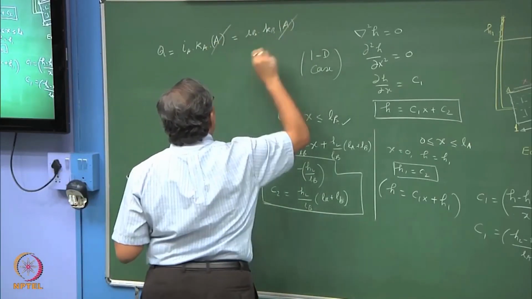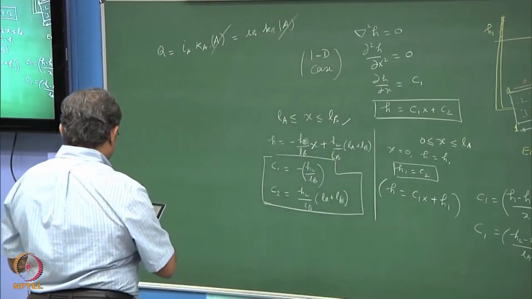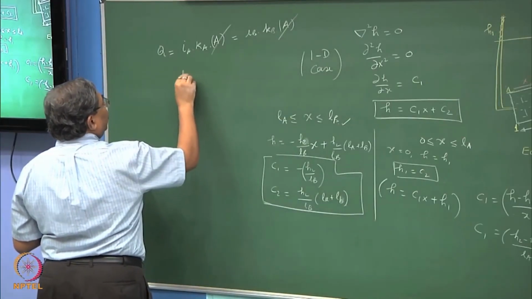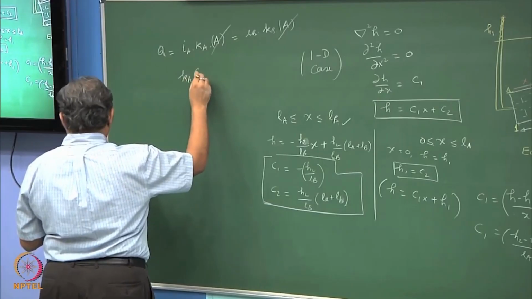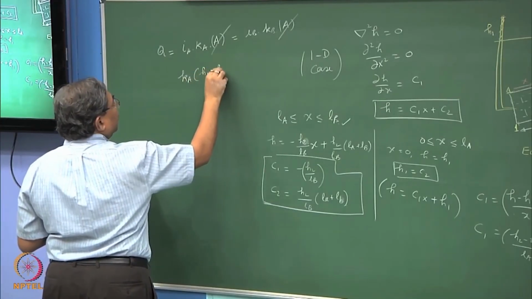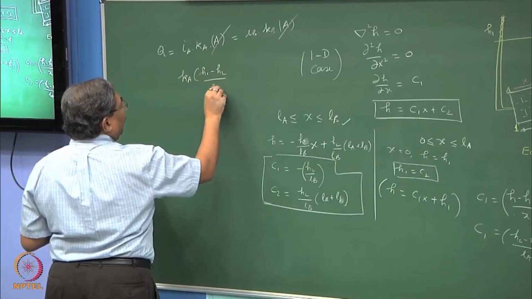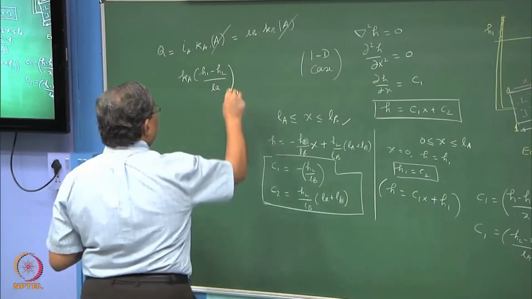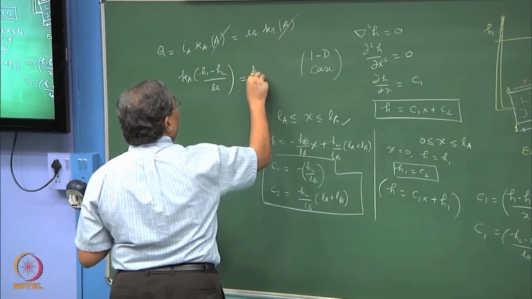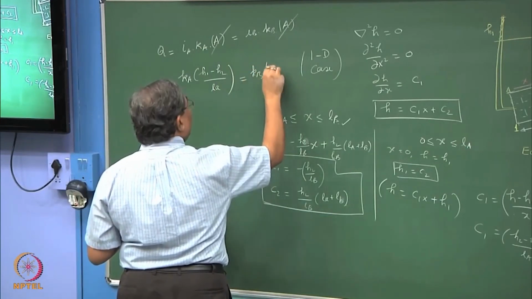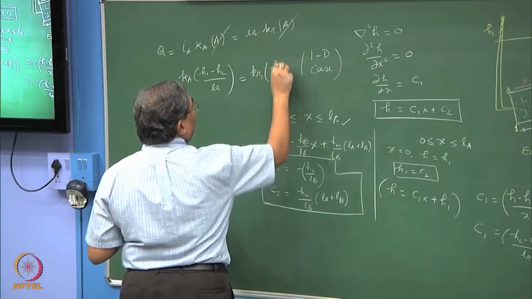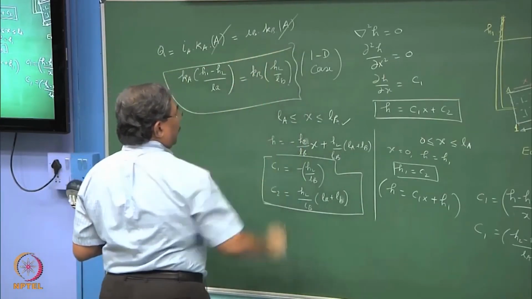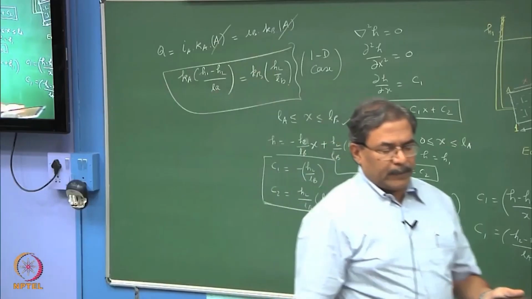So, this is going to be Ka into (H1 minus H2) upon LA equal to Kb into H2 over LB. So, I have got another relationship between H1 and H2.